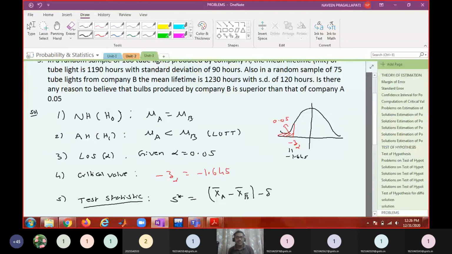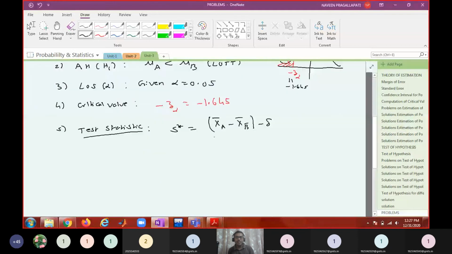What is delta here? Delta is 0 only. Because sigma is not given, I will write it as S A square by n1 plus S B square by n2.